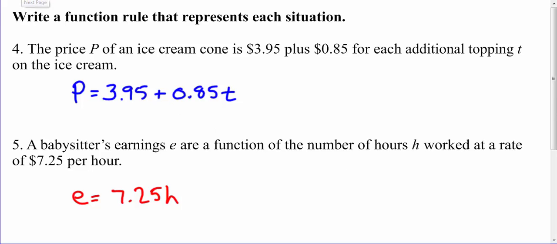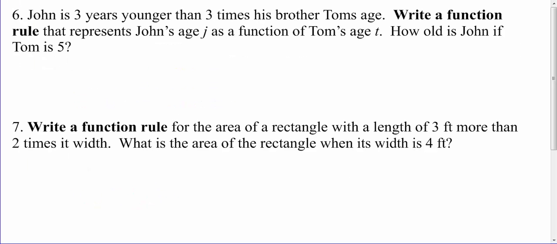Let's continue on. We're cruising right through these notes. On number 6, it says John is 3 years younger than 3 times his brother Tom's age. Write a function rule that represents John's age, J, as a function of Tom's age, T. And then we'll deal with the second question, how old is John if Tom is 5, afterward.